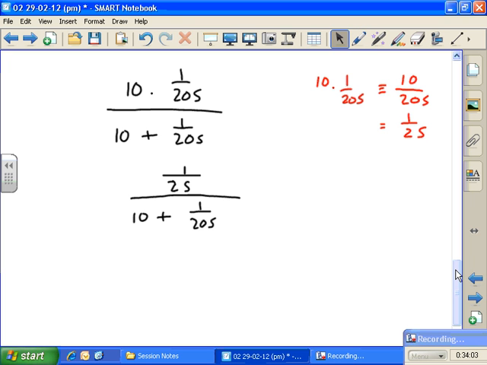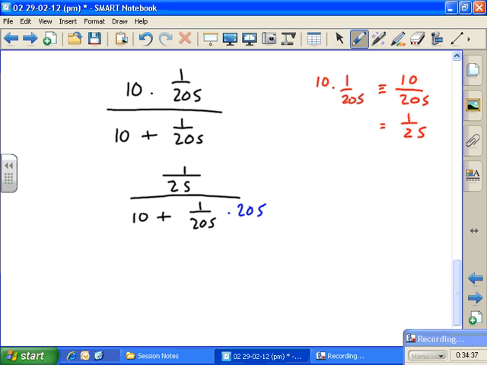Okay, there's a couple of ways that you can go from here. I'm trying to think of which is the simplest algebraically way to explain it. If I were to multiply top and bottom of this thing by anything I liked, then that's okay, so long as I multiply everything by what I decide to do. So I decide to multiply top and bottom by 20s, because what we're trying to do is get rid of this 20s underneath here.